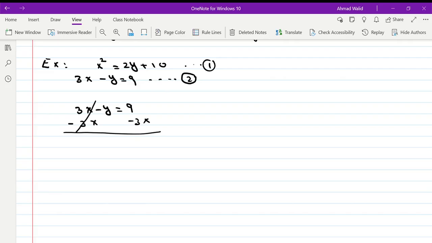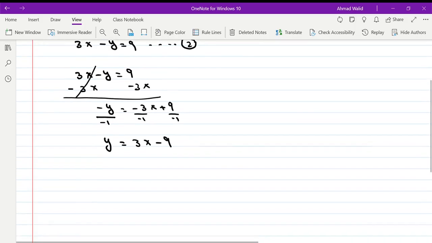These two cancel out. Negative y equals negative 3x plus 9. Now divide all terms by negative 1, correct? Then you end up with y equals 3x minus 9.